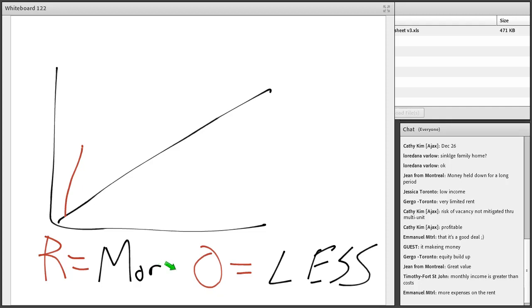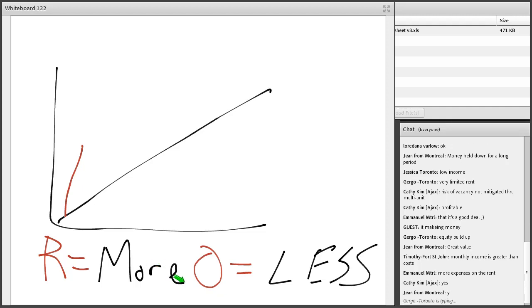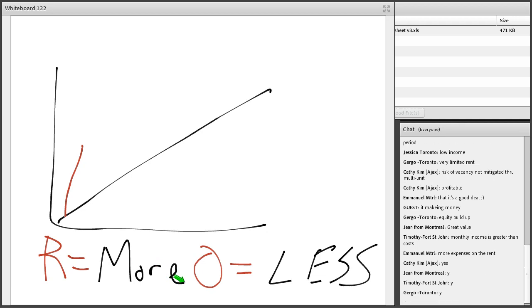Does everybody get that? So it costs you more to rent a place than to own a place. Now think about that for a second. If it's going to cost you more to rent than to own, what's going to happen to properties in a particular area that are cash flowing?